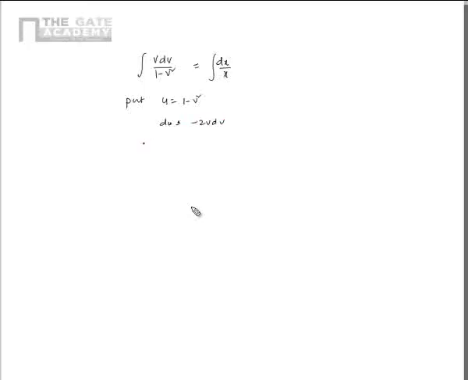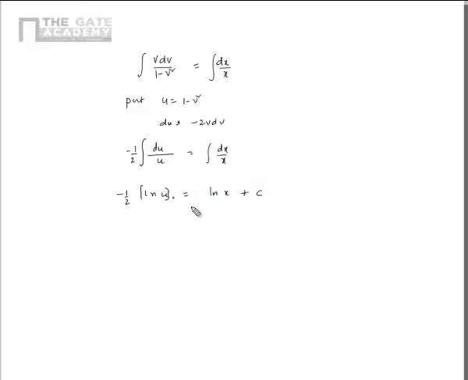So substituting all that back, v dv can be written as minus half into du by u, integral dx by x. So integral du by u is basically ln u or log u. Remember that u has to be positive here because it's inside log, and here it is ln x plus the integrating constant, which is c.